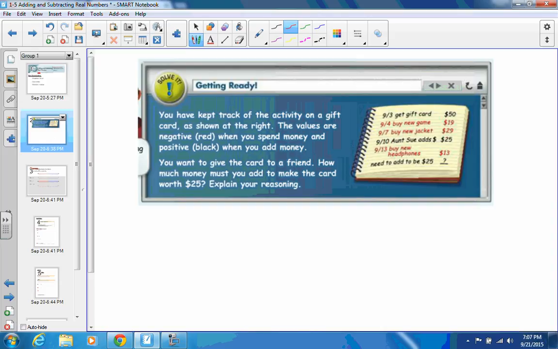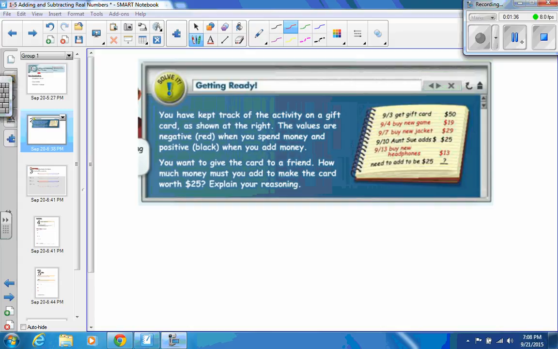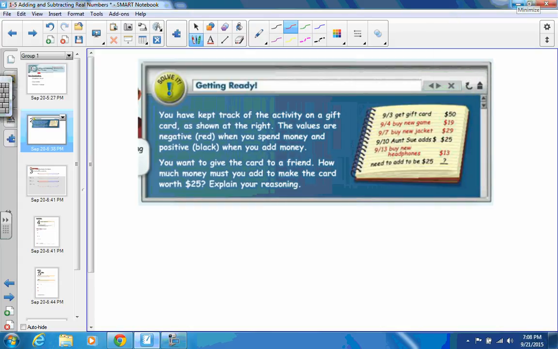So if you look here, we'll read it through and briefly talk about it. It says you've kept track of the activity on a gift card. A lot of times we have gift cards that are reloadable now, so this kind of applies to that.